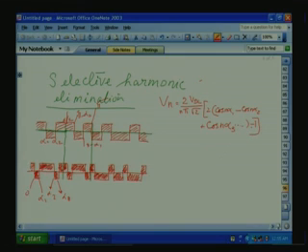How do you get this? We are getting this from the Fourier series expression.